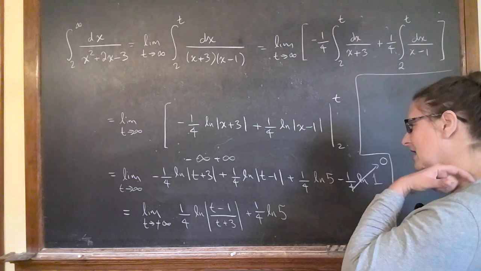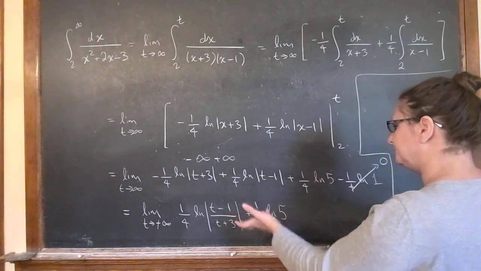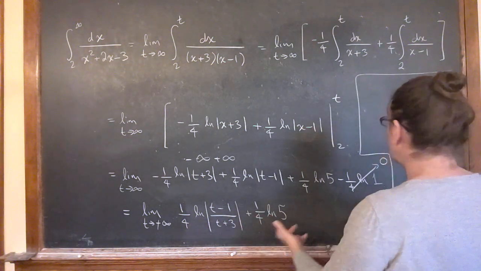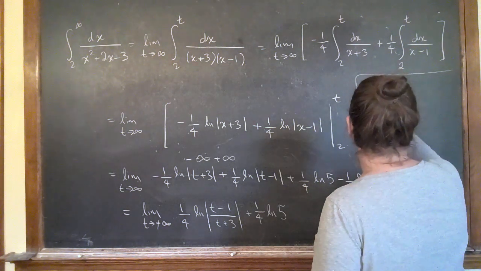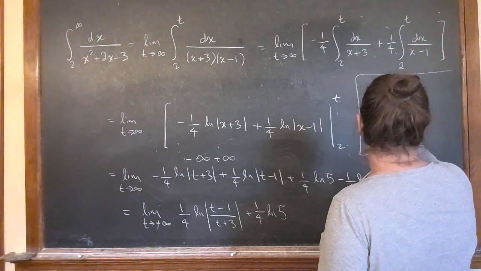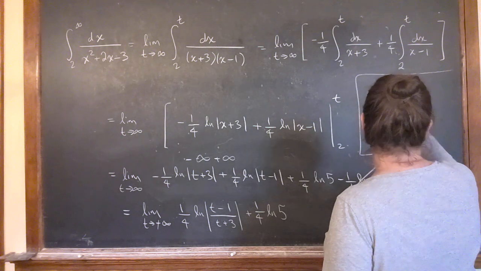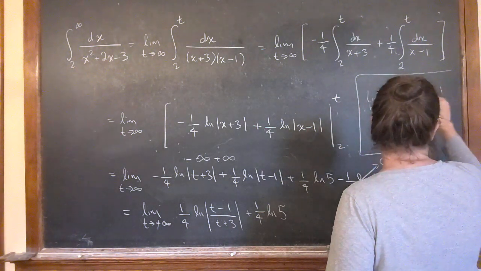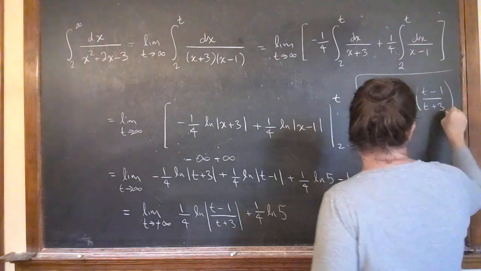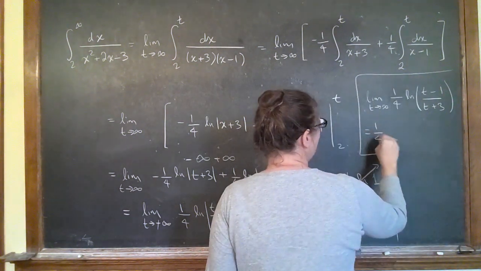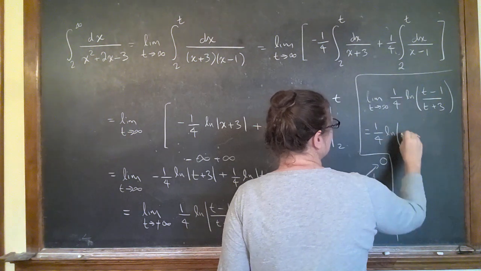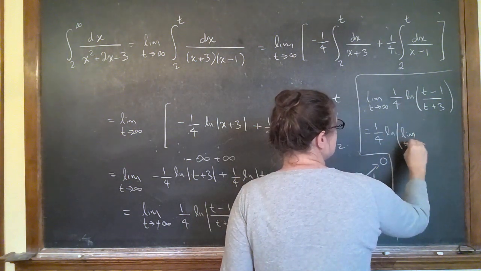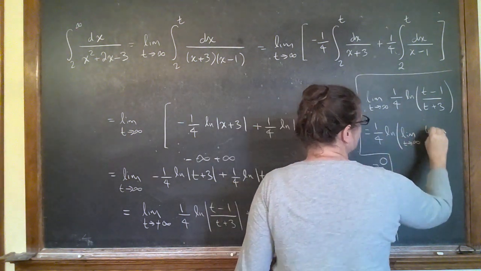Because natural log is a continuous function, I can take that in there. So as the limit as t goes to infinity of natural log of t minus 1 over t plus 3, I can pull the limit in because of the continuity.